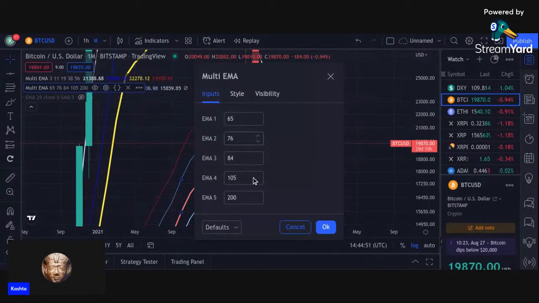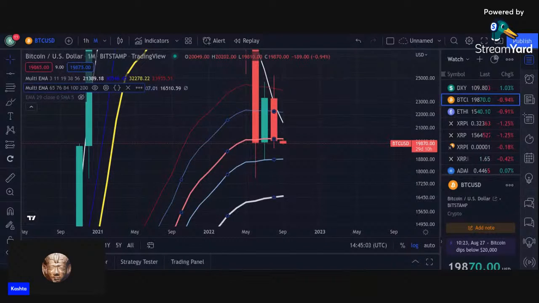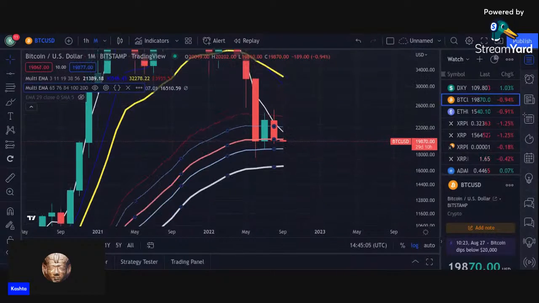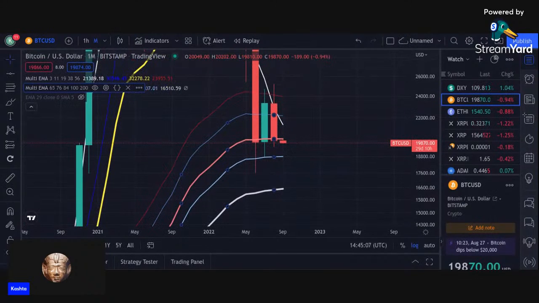I'm just going to check something here. Because I noticed this EMA is sitting in a funny place. I just want to check something. Take the 100. Let's move it off. That's down here. 1938, 50, 60.